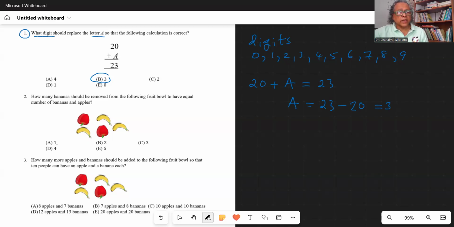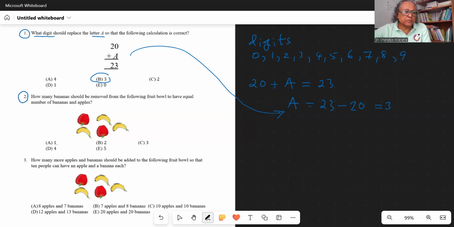So now this addition became a subtraction problem. Even though it is easy, you can think of different ways of doing this. I hope this gives you no difficulty at all. Okay, so let's move on to the next question.